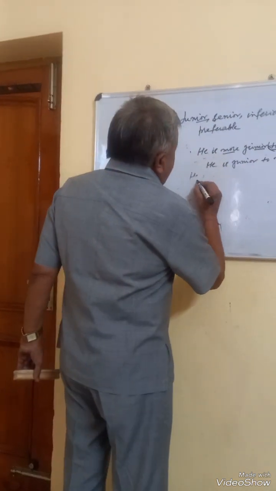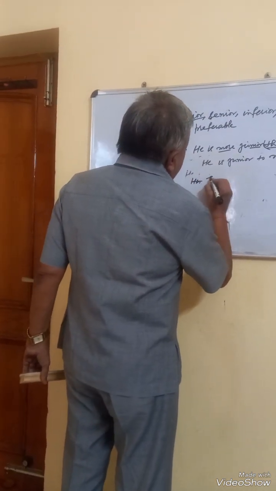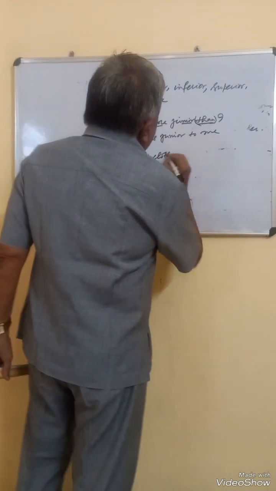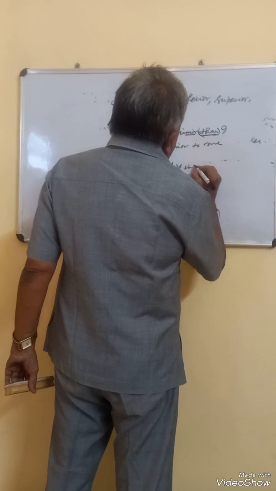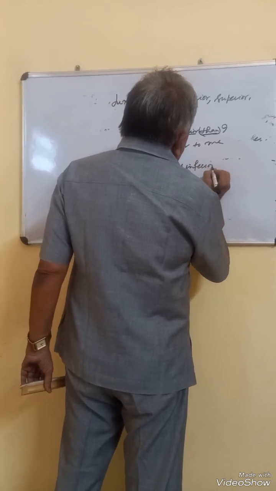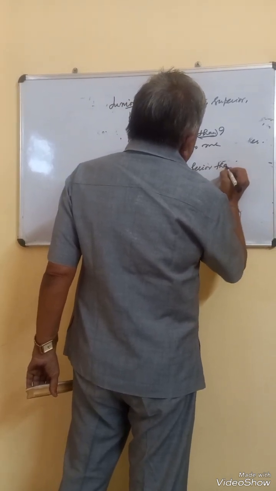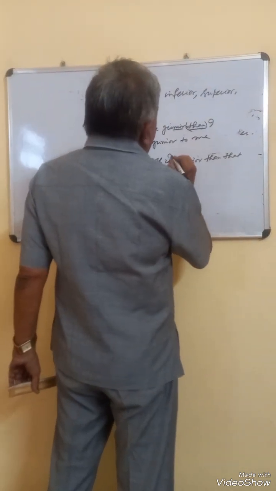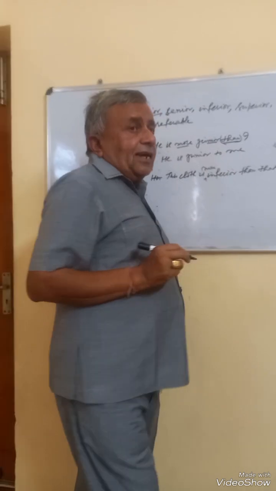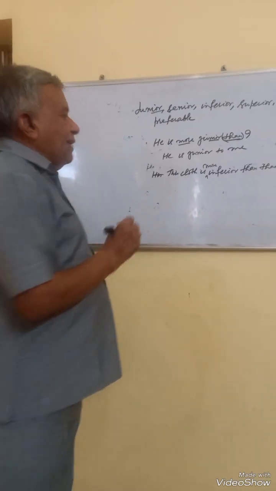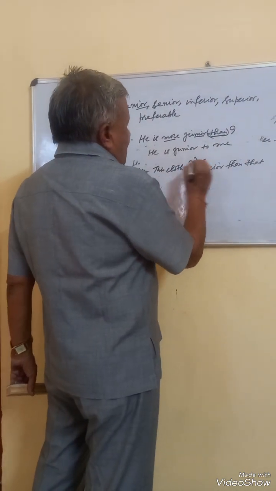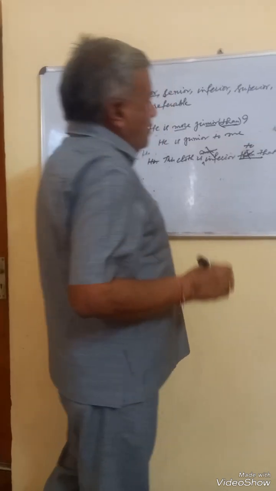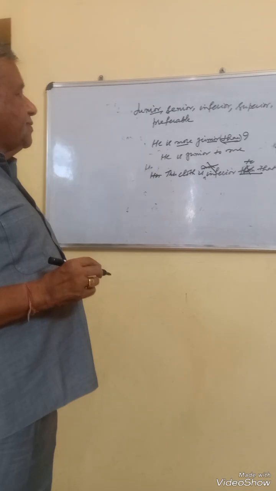Similarly, this cloth is inferior than that. Is more inferior than that. This is also a wrong sentence. We have to say this cloth is inferior, then we can't use than, we will have to use to in order to make it a correct sentence.